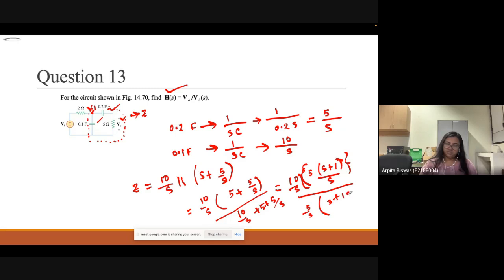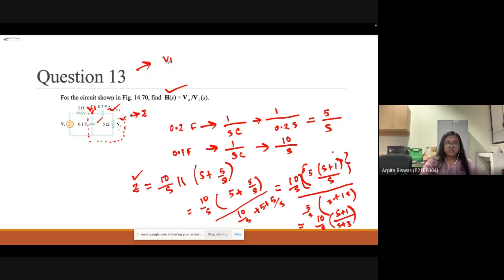Three plus one is okay. So from here we are getting 10 by S into S plus 1 by S plus 3. This is the right answer. And then this is the Z, which is that portion. So now we have to do the next part.